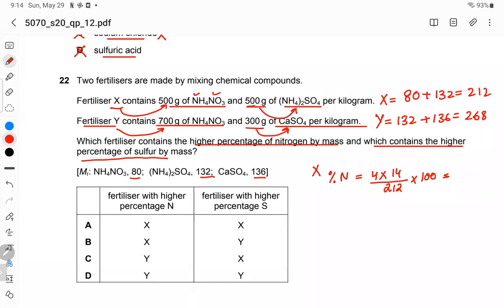Who can tell me the correct answer? Sir, 26.4%.